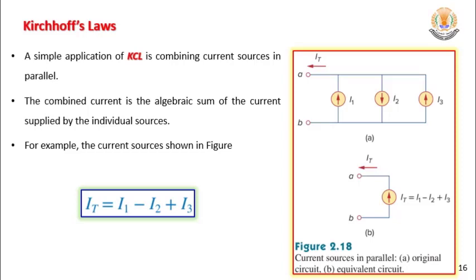Still in KCL, if you have many sources, how can you read these sources? They are current sources. Do you agree? Because you have an arrow, not polarity. Which type? Dependent or independent? Independent. Ideal or practical? Ideal. So here I can say I have three ideal independent current sources. Two of them, I1 and I3, up and I2 down.